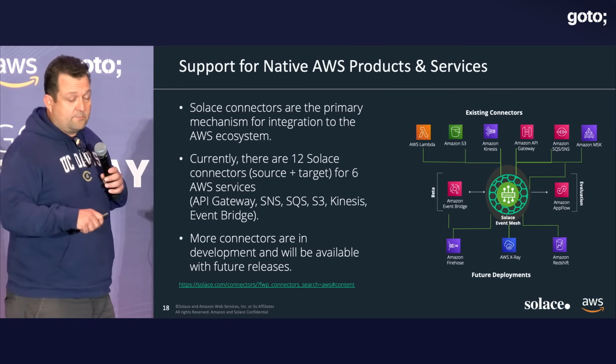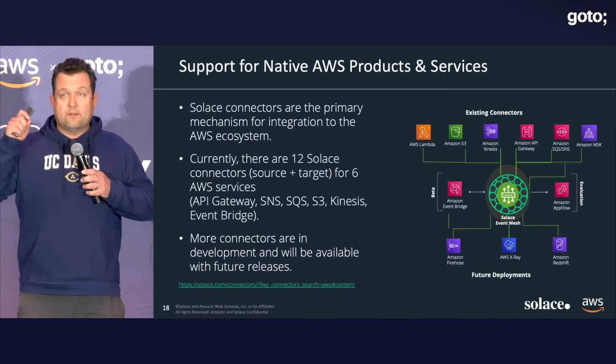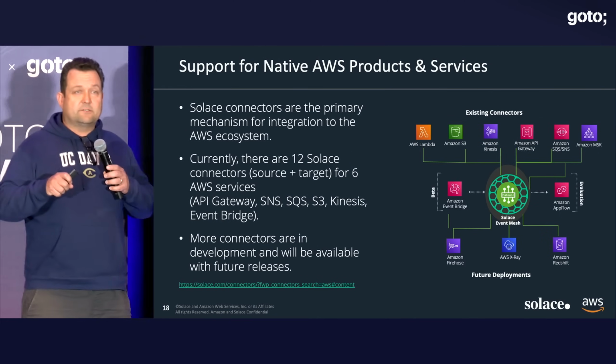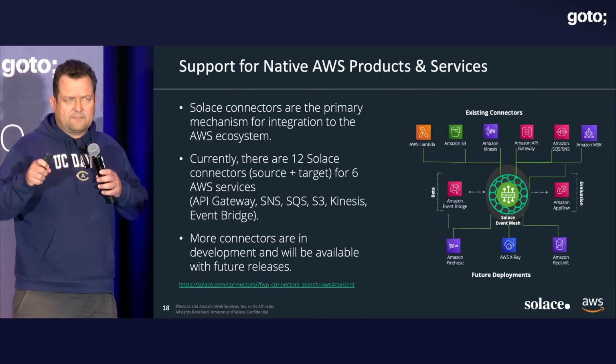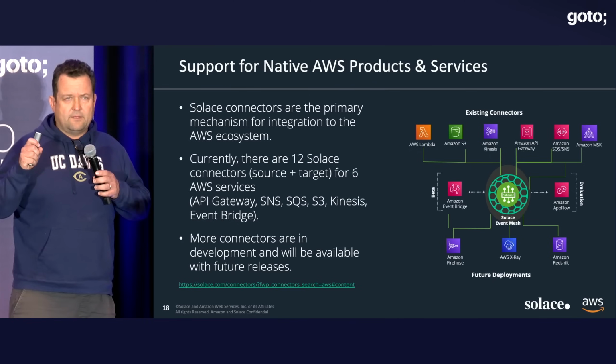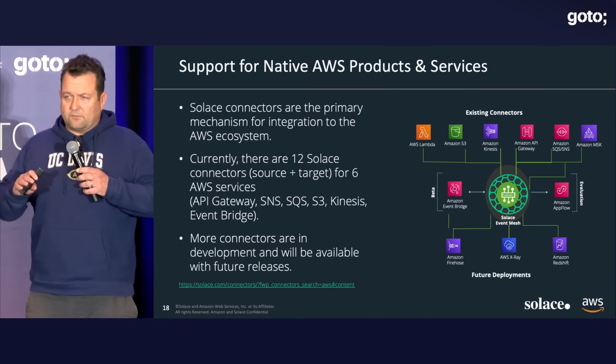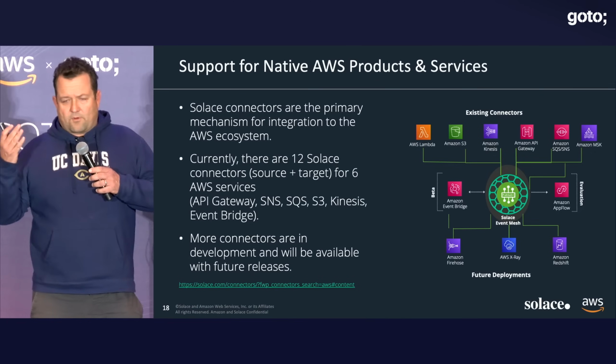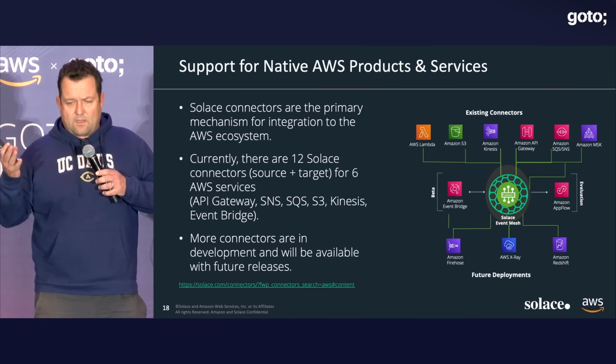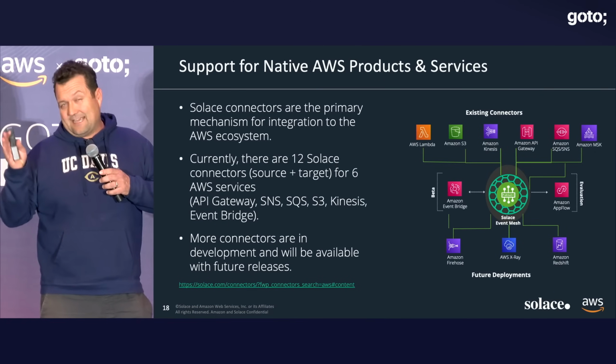And then, most importantly, we are tightly integrated with AWS. We have 12 connectors at the moment, if you count bidirectional capabilities. There's support for S3, Kinesis, Gateway, SQS, SNS, and MSK.